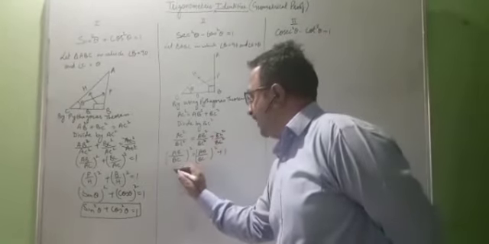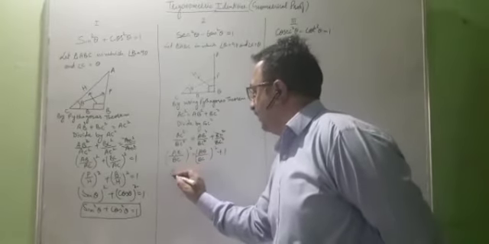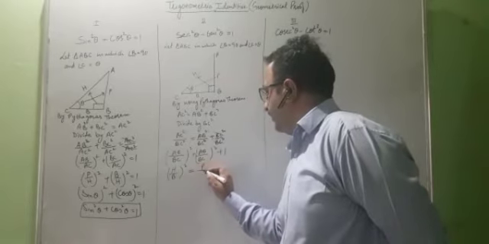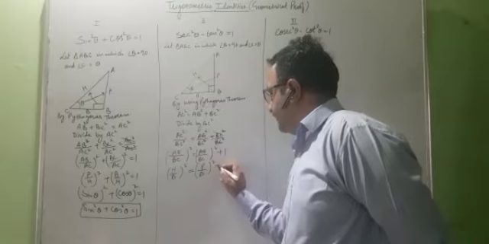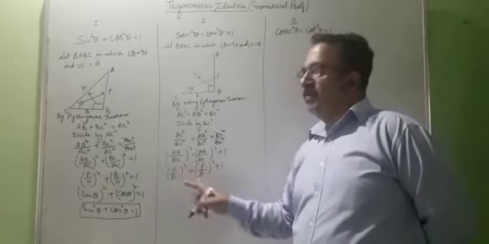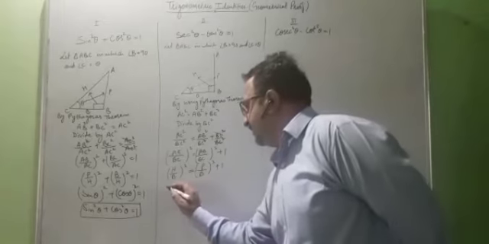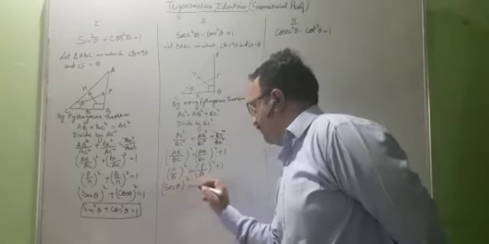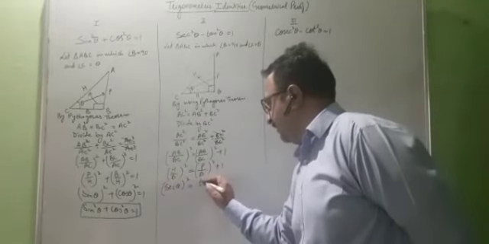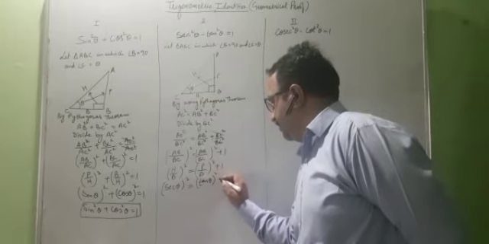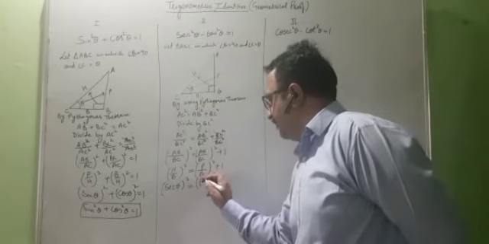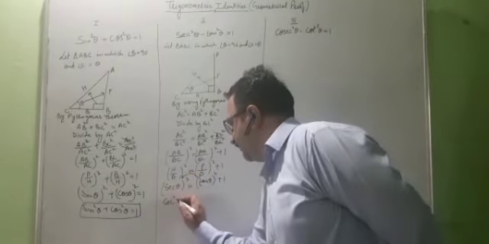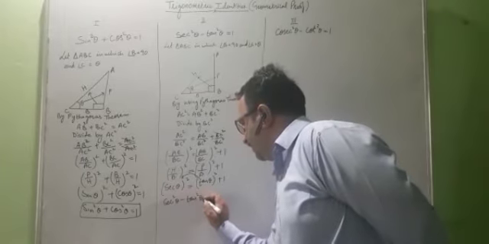So AC is acting as hypotenuse, BC as base, AB as perpendicular. Now H upon B is secant theta, P upon B is tan theta. You can shift this value to this side. So you'll get secant square theta minus tan square theta equal to 1.